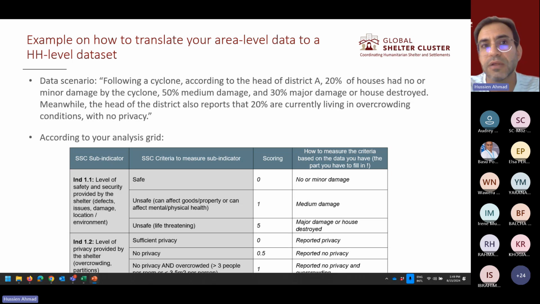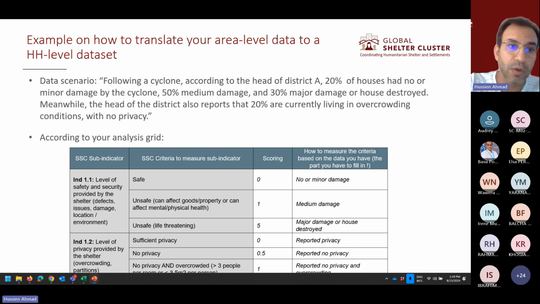So this is area level data. We are talking about one area called admin X, and the head of the community is telling us this information. This can come in a report, or it can come in a data set based on a key informant. As we see here, the head of community, the key informant, is informing us about this information.